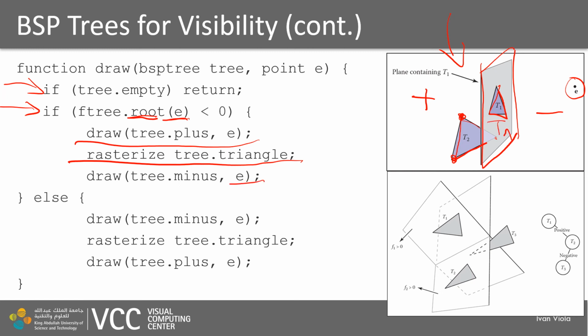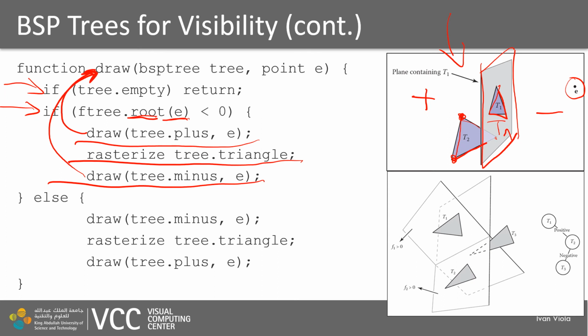And then draw everything which is in the negative subspace defined by this partitioning plane. So we are recursively calling the same function again, but only to a limited spatial extent.